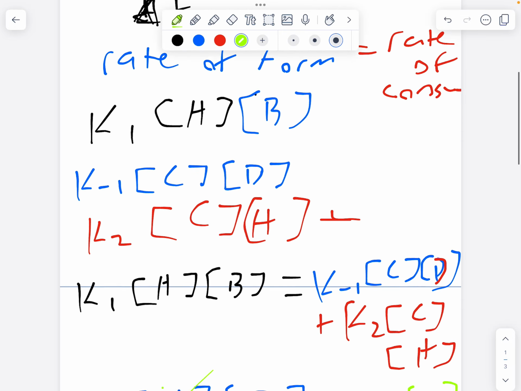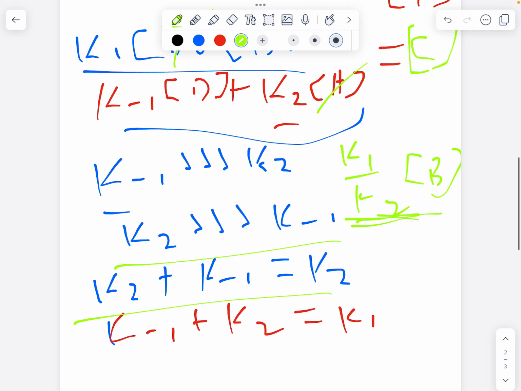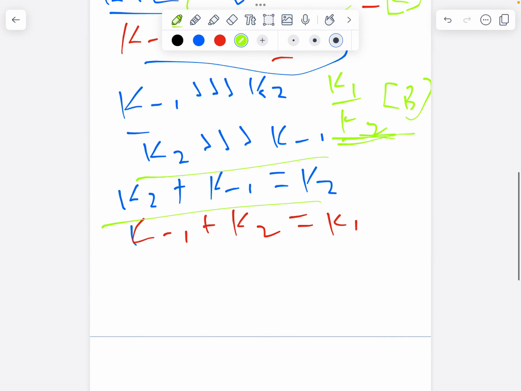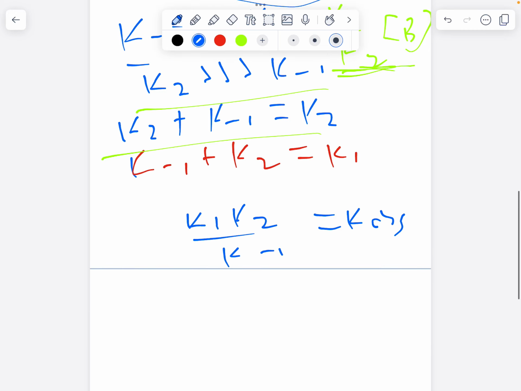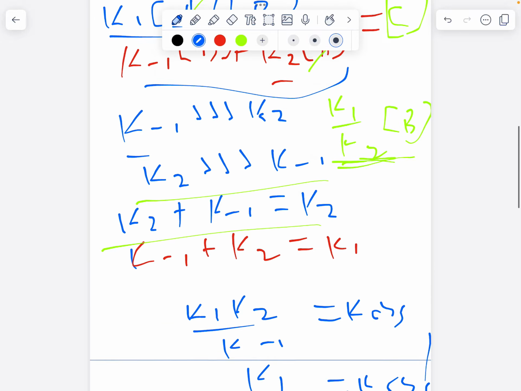This k2 would erase this k2 on the bottom. And so in the steady state approximation, where we typically see something like k1 k2 over k minus 1 equal to k observed, in that case we just have k1 over k minus 1 equal to k observed, because the k2's canceled out.